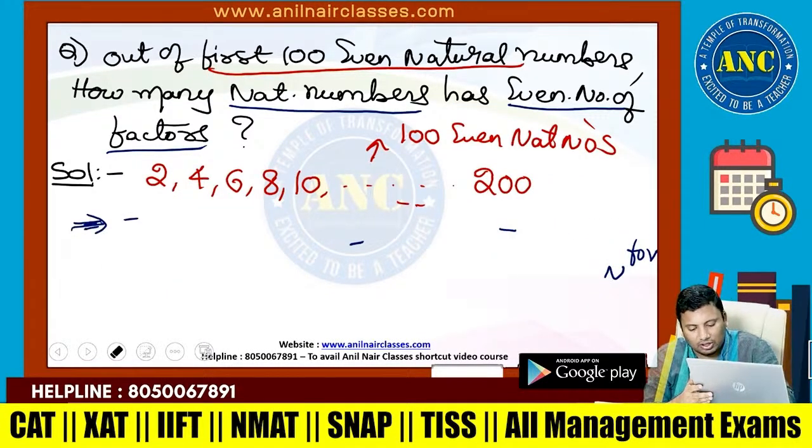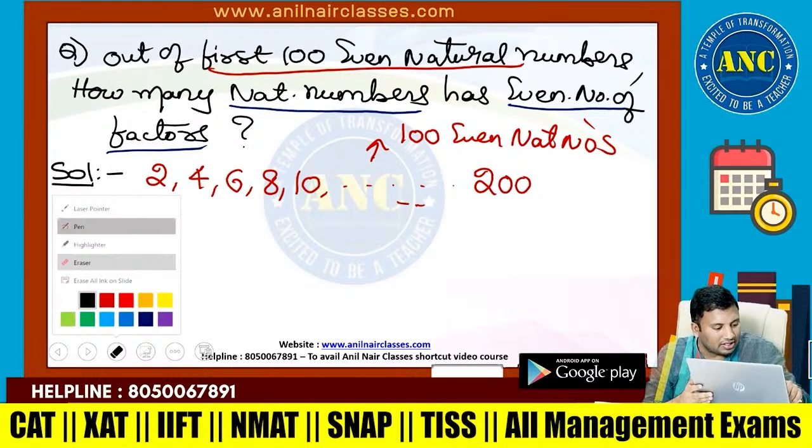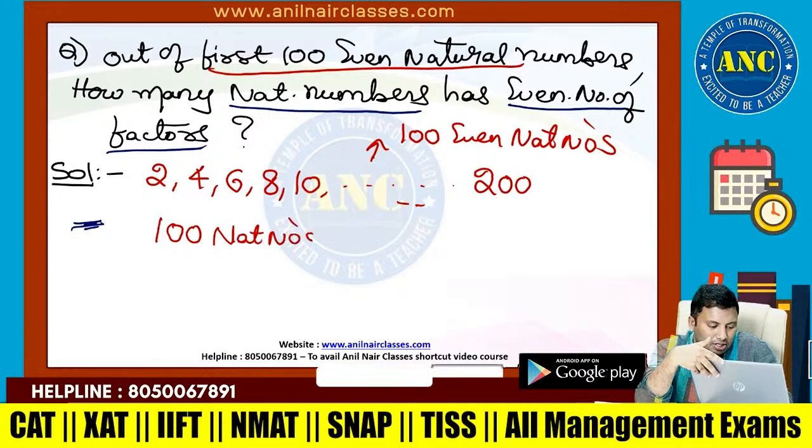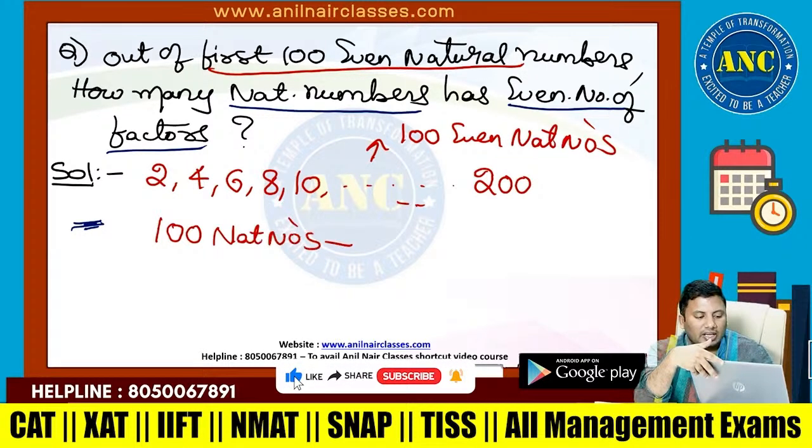Let us solve the question. What is the question? Listen carefully. Directly I am solving. Total 100 natural numbers are there, minus numbers which have an odd number of factors.